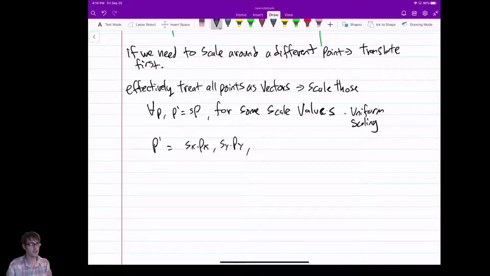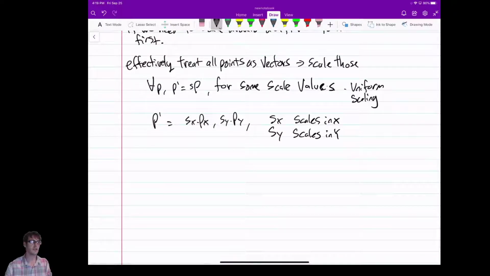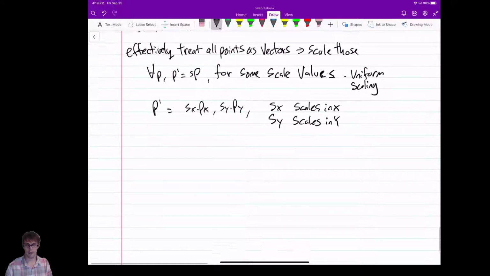So you could imagine how s of x scales in x, s of y scales in y. No big deal. So this is how scaling works. You just multiply. It's pretty easy.